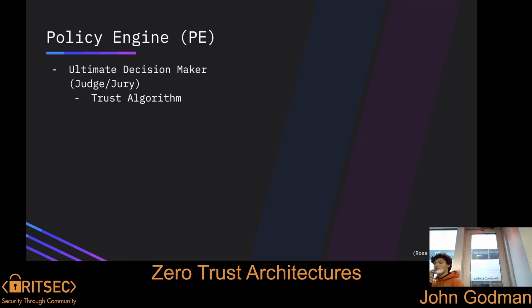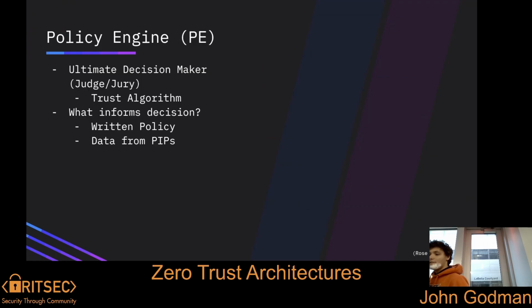And then singular versus contextual trust algorithms describe the ability of the trust algorithm to consider multiple requests at the same time. A singular trust algorithm, of course, can only look at one request at a time, whereas a contextual one can look at multiple at the same time. But regardless of the trust algorithm being used, they are all influenced by the written policy and the data from PIPs, which I'll discuss later.